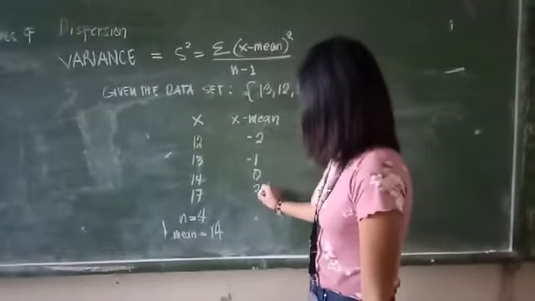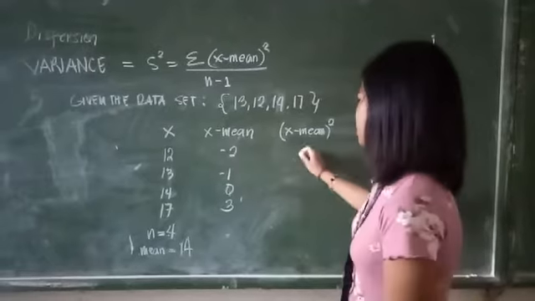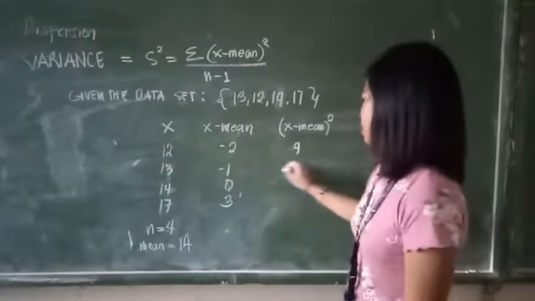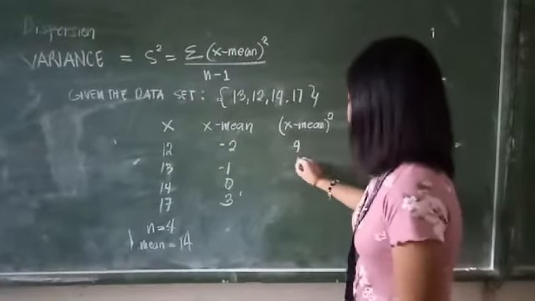The next step is we're going to square the x minus mean. So negative 2 squared is positive 4. Then here we have positive 1, 0, and then 3 squared we have 9. So to find the variance, we sum it all. It is equal to 14.